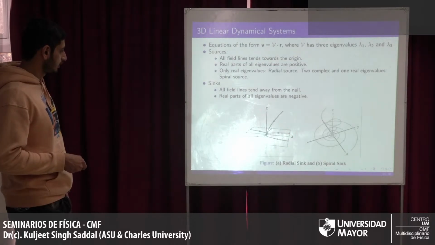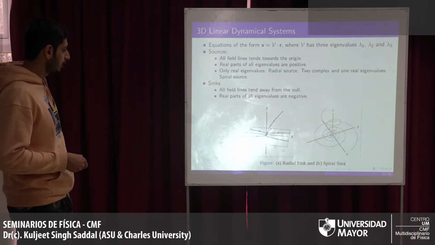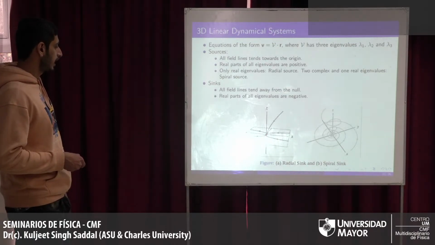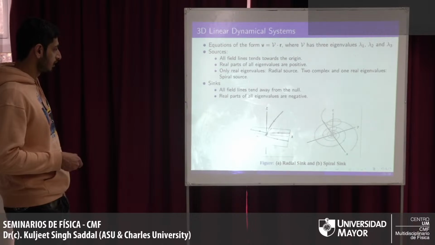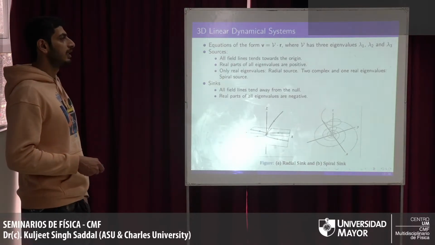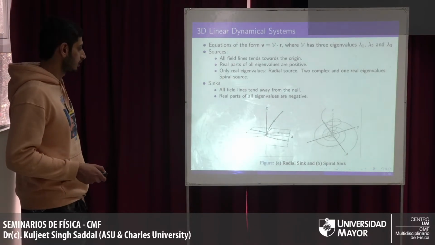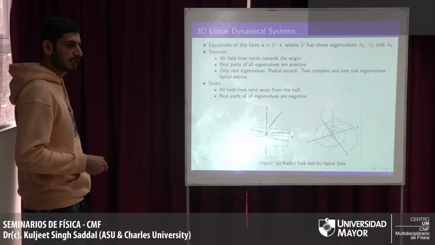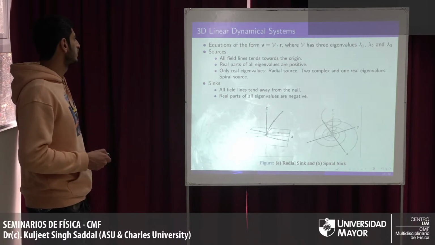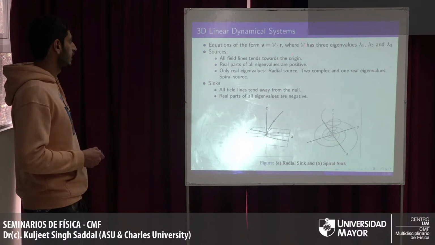Everything just falls directly into the null point. This is a radial sink. Similarly for a source, all the arrows would be reversed. Everything will go away from the null point. The second configuration, which is possible when two of the eigenvalues are complex conjugates, is the spiral sink, which you can see here. But this is not very interesting because we know that V has to be saddle points.